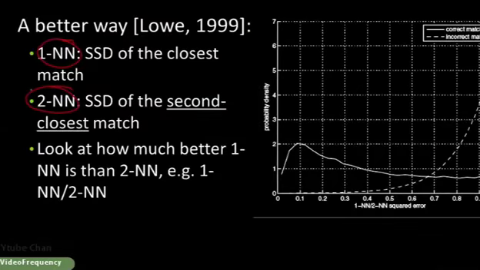And that's exactly what this graph shows. This is the ratio of the best to the next best, okay? And what you're seeing here is for the correct matches, the distribution is over here, okay? So that ratio of error, a lot of the stuff is over here, right?